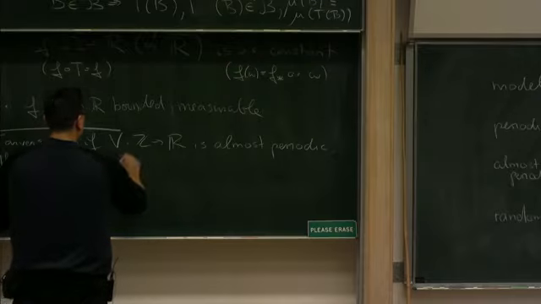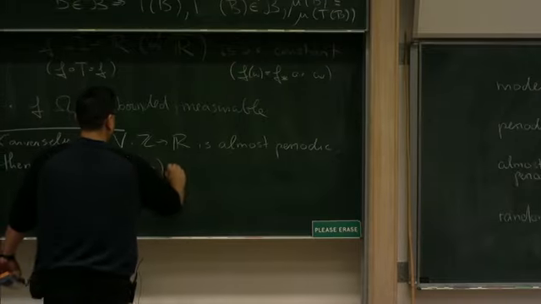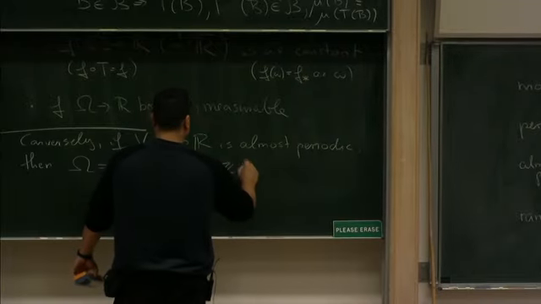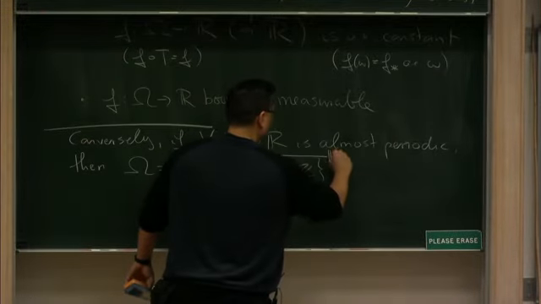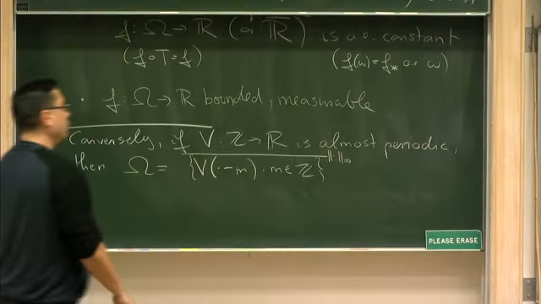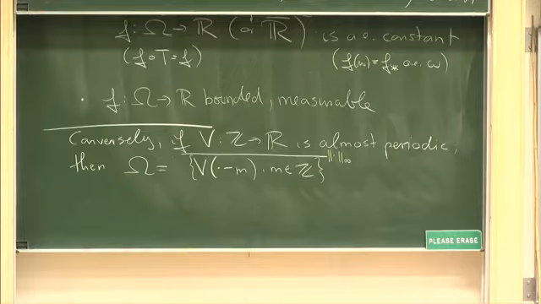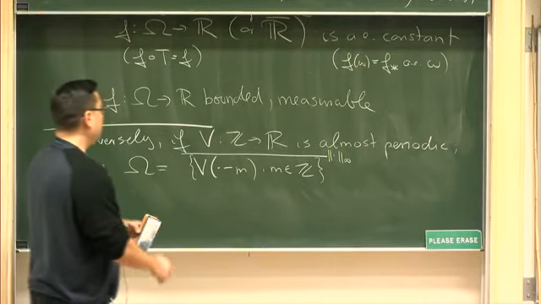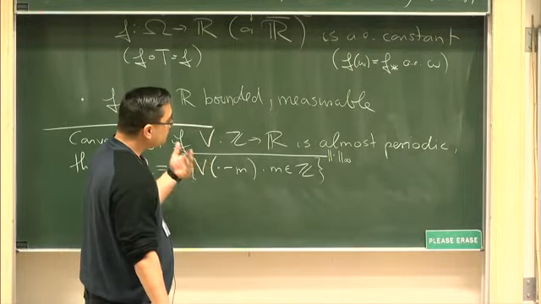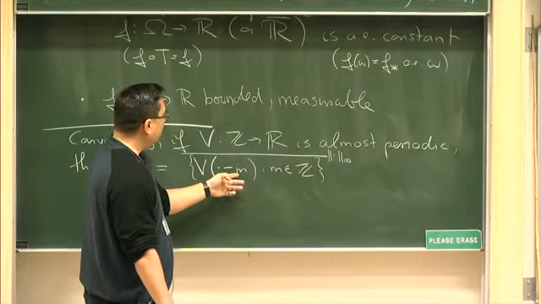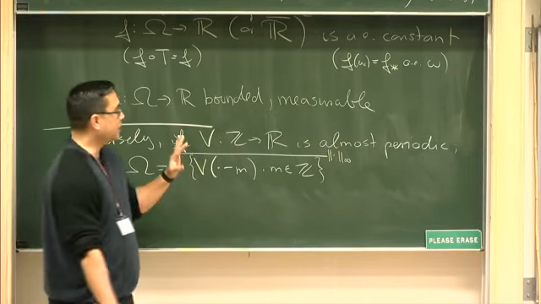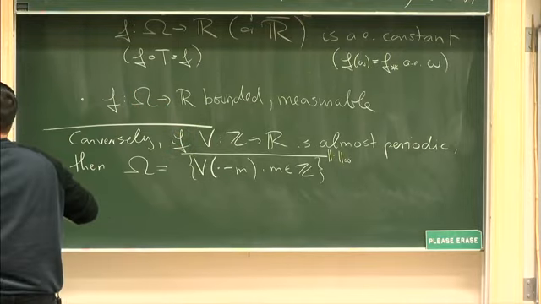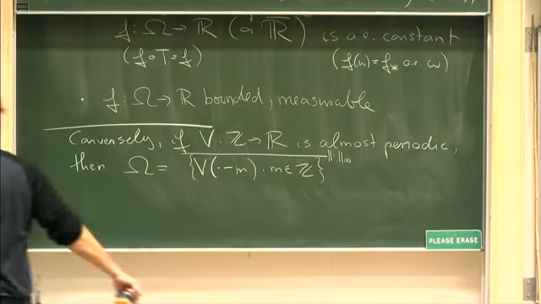So you take these translates of V, and close it in the L infinity topology. And now, of course, well, I mean, either V is periodic, and then it's obviously almost periodic, and arises in this setting, which actually fits in here if you want.